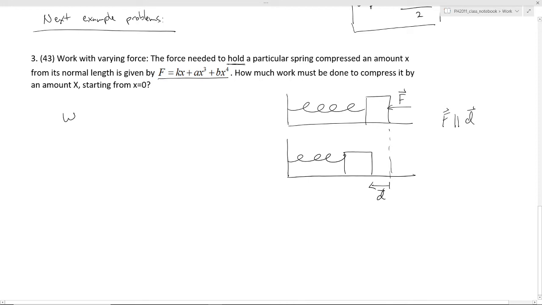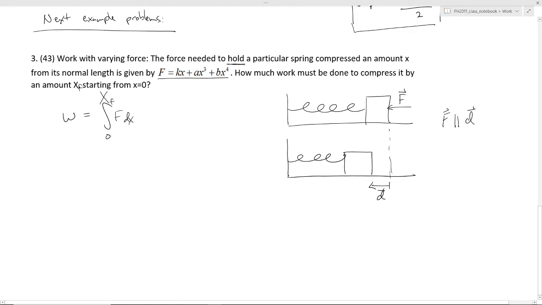So since the force isn't constant, we need to do an integral from 0 to x. Actually, I'm just going to call this x final, just so we can more easily distinguish it from the variable that we're integrating over, lowercase x.